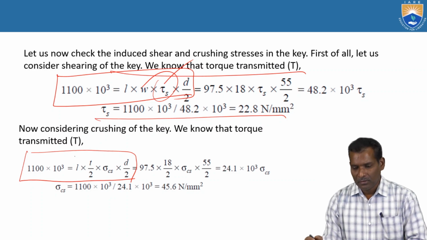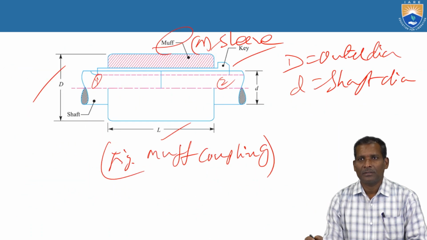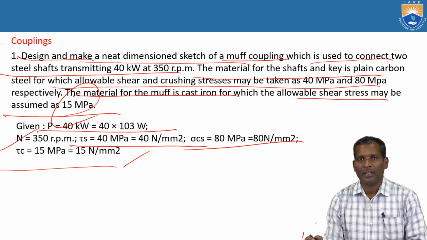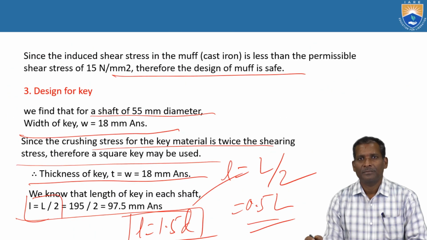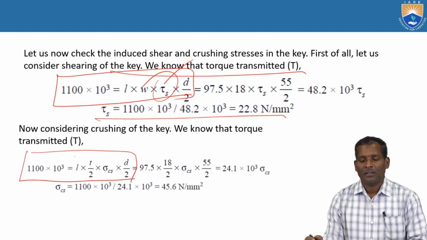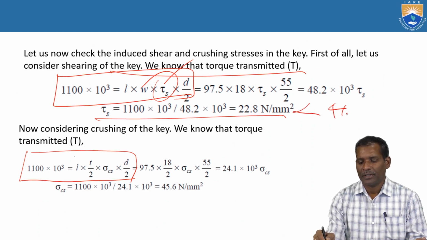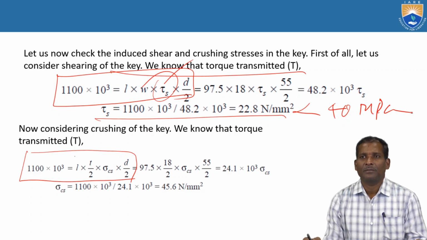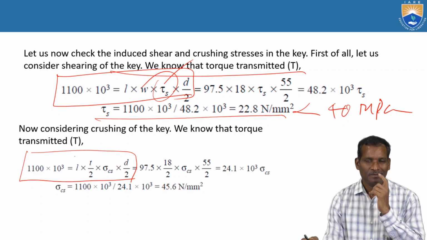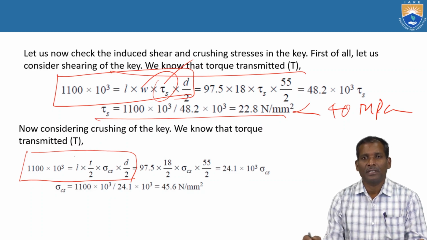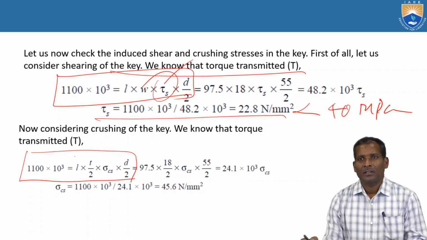The given shear stress for the key material is 40, so this value is less than 40 megapascal. The obtained value should always be less than the given permissible value. So now you can say your design is safe, and the key withstands the shear stress.